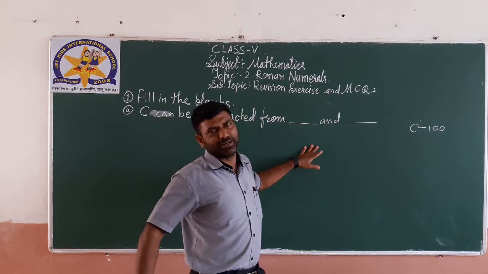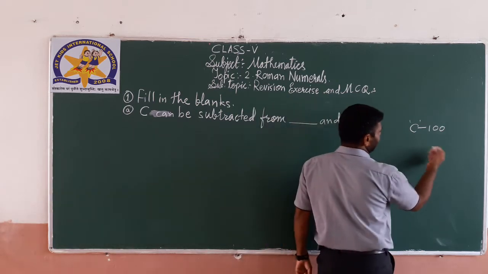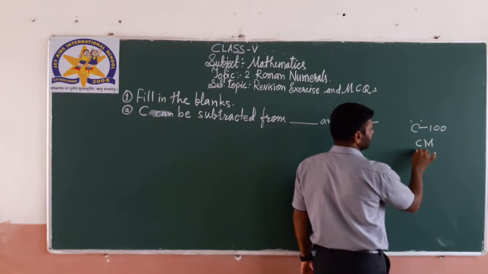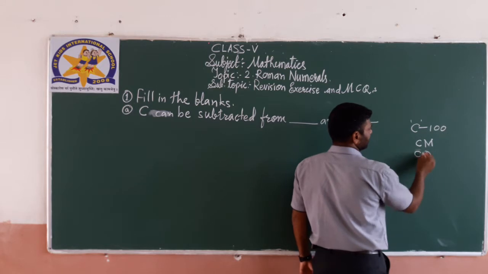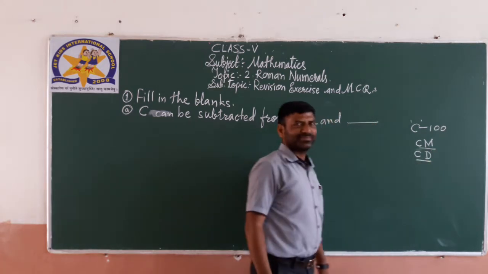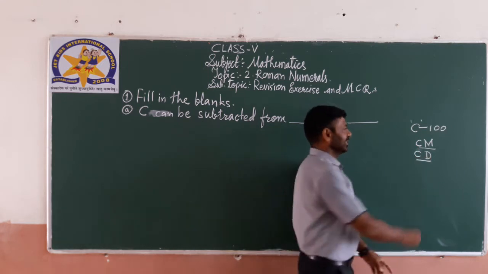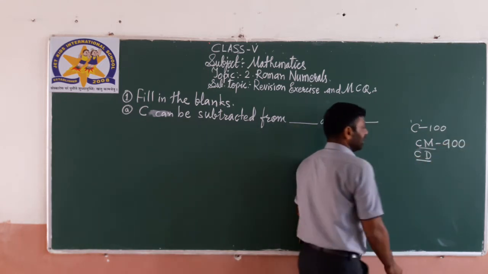C can be subtracted from M and D because we are writing CM and CD, right? CM means 1000 minus 100, that is 900.